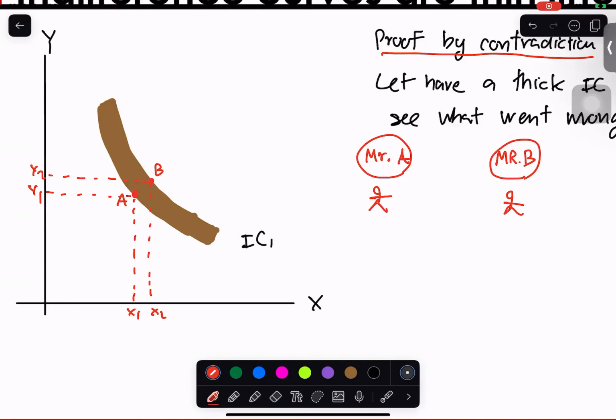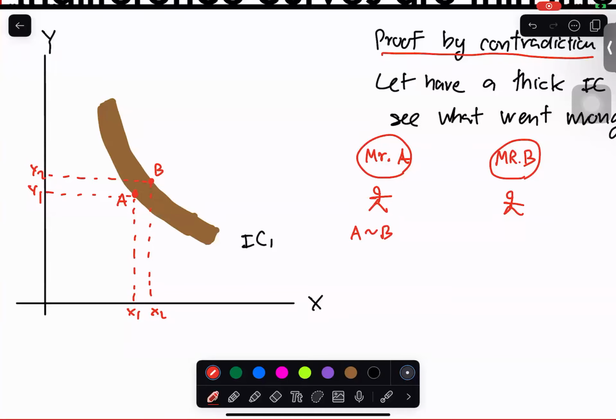There are two persons who come to look at this diagram, student A and student B. Let's start with student A. Student A argued like this: I see that both baskets are on the same indifferent curve. So the conclusion he got is basket A and basket B must generate the same happiness level.